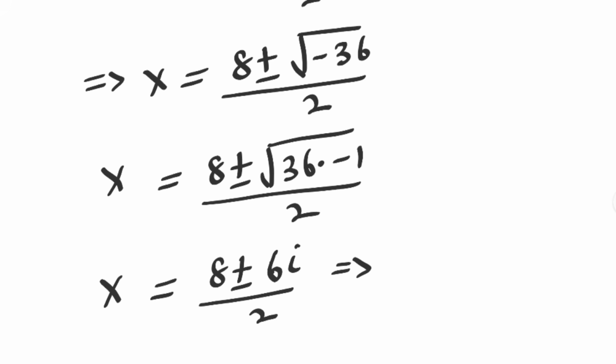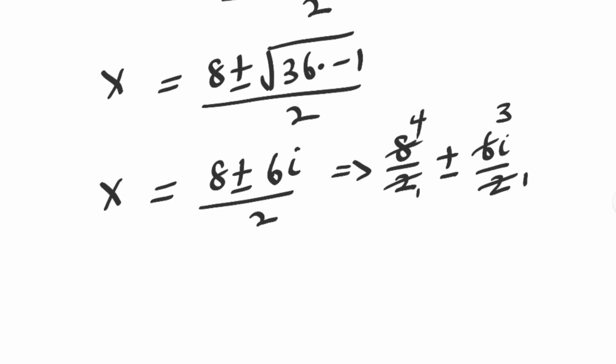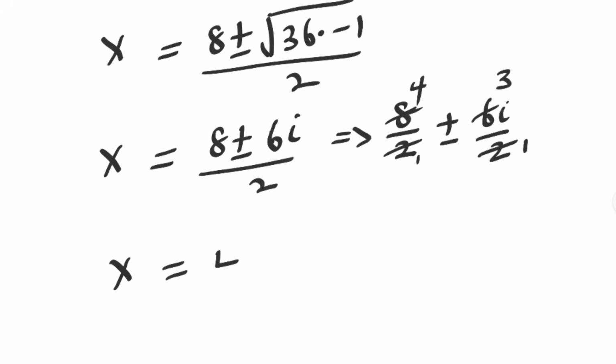This can be written as 8 divided by 2 plus or minus 6i divided by 2. 2 here 1, 2 here 4, 2 here 1, 2 here 3. x is equal to 4 plus or minus 3i.